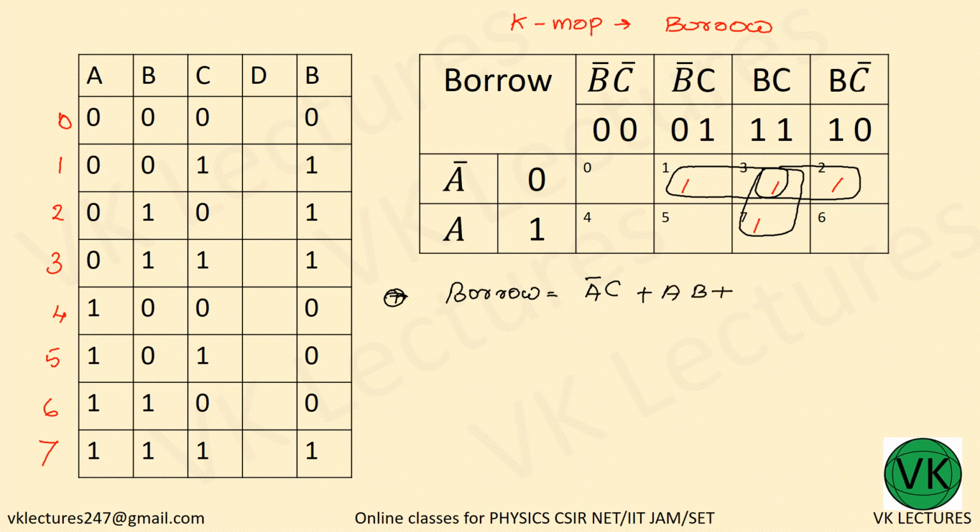AB plus in this one BC would remain, A bar would go, so that is BC.